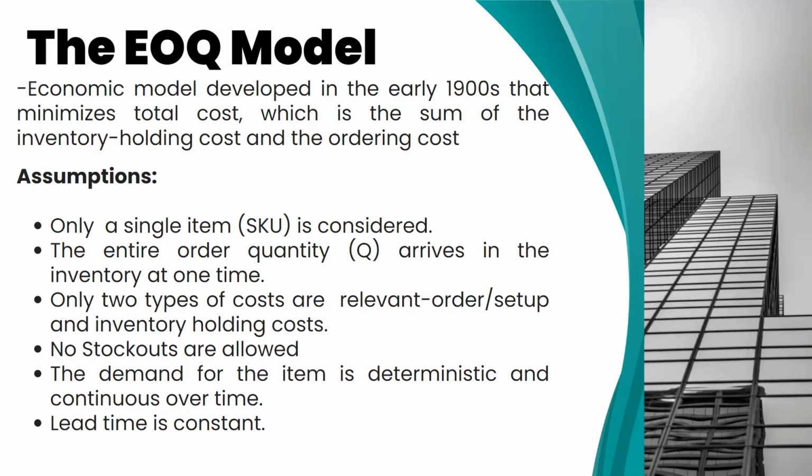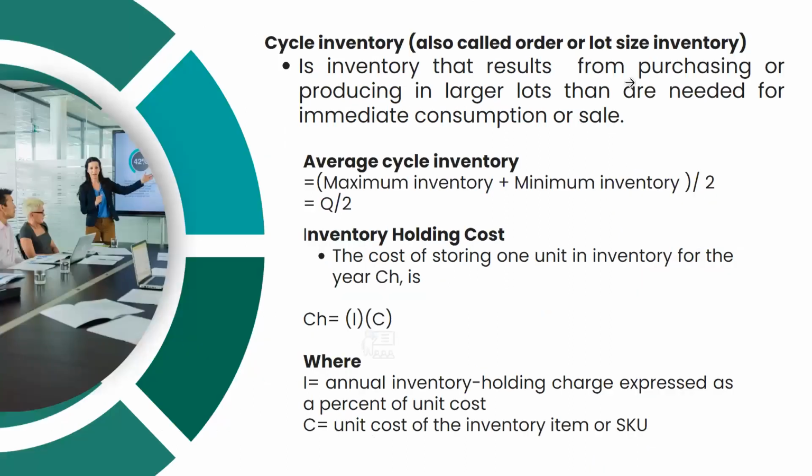The next slide po. The cycle inventory, also called order or lot size inventory, is inventory that results from purchasing or producing in larger lots than needed for immediate consumption or sale.